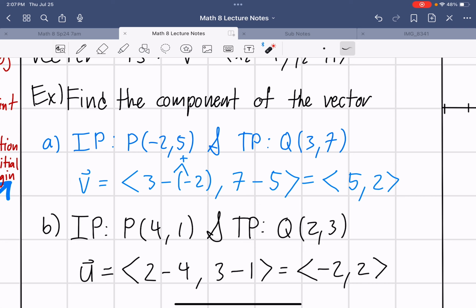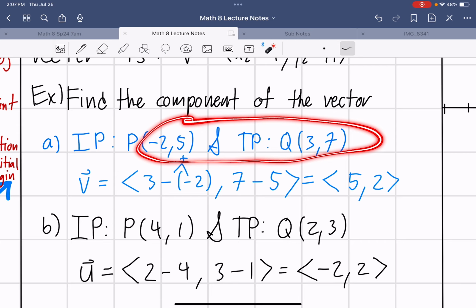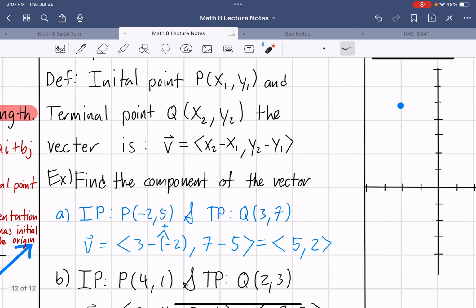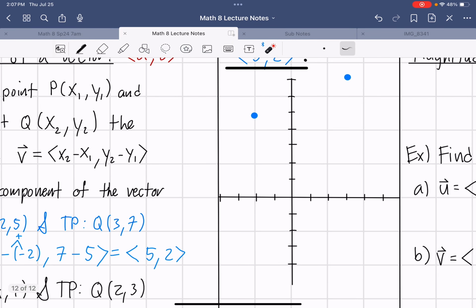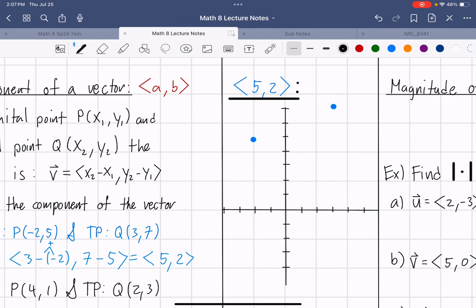Now, it's tricky to make the connection between this initial and terminal point with the component form of the vector. Because how do these 2 points correspond to these vectors? Well, I have a representation here of this particular vector. So here's my point -2 and 5, and my point 3 and 7.